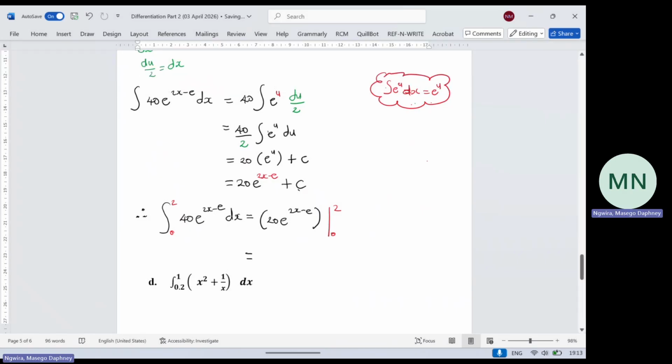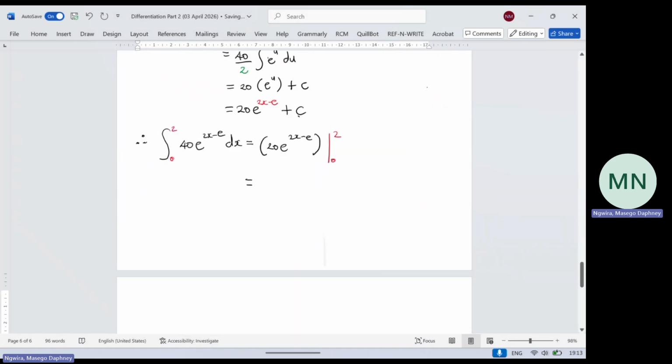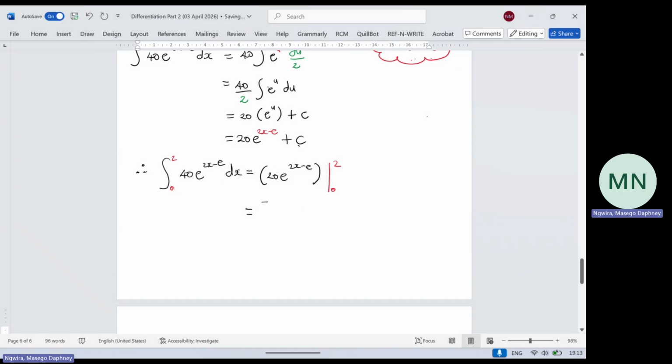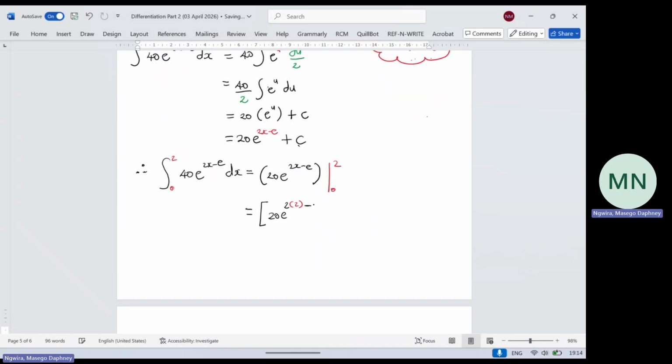I'm going to use the square bracket, so it's 20 e to the power of 2. We start with the bigger one, so x is 2. And then minus e. E is a constant on your calculator. If you press alpha, you'll see the e there at the bottom. It's a constant, so please use it.